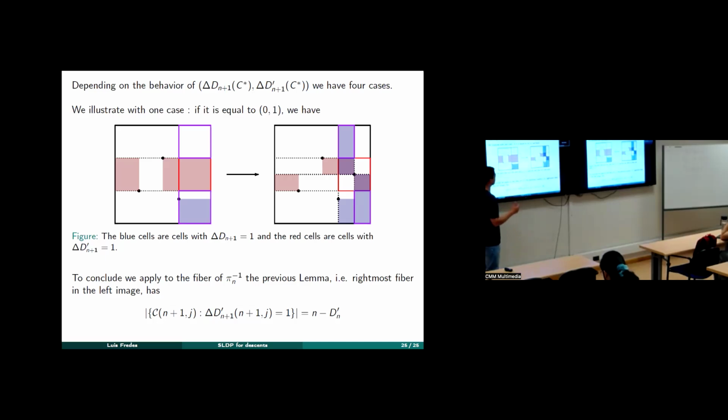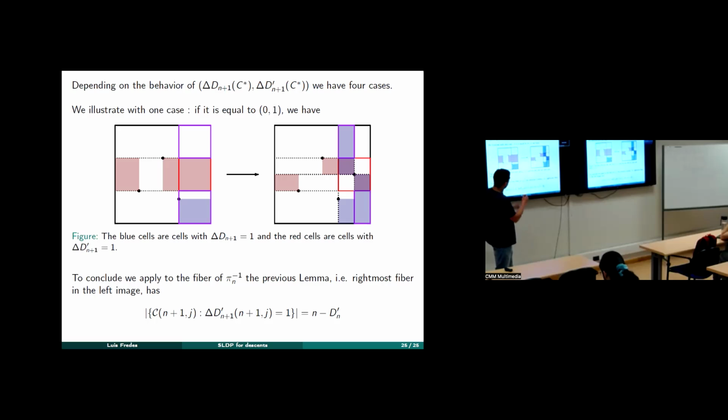I try to keep track of which were the cells that create increment +1, this one for the inverse permutation, and this one for the direct permutation. It has increment 0, 1 because it's colored pink, meaning increment 1 for the inverse, and 0 because the blue part doesn't intersect this one.